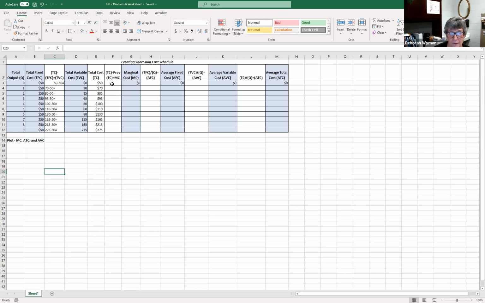Now we've had this before, right? So we have total cost is 50 minus 50. 50 minus 50 equals 0. Now we have to go to 70 minus 50 equals 20.